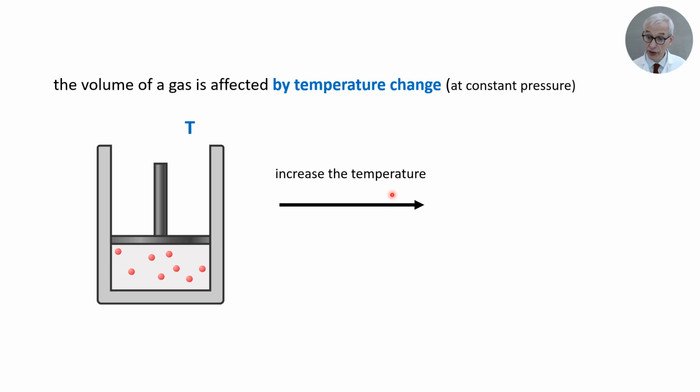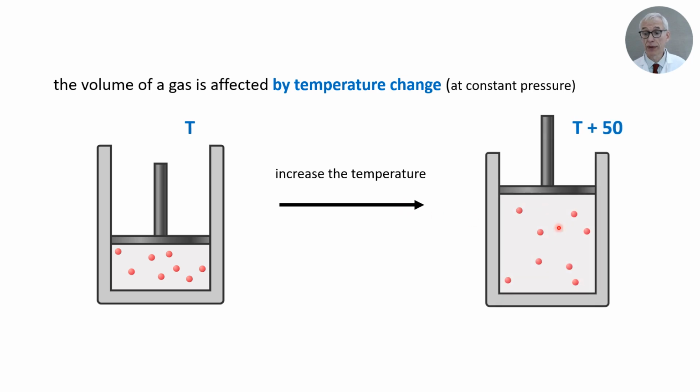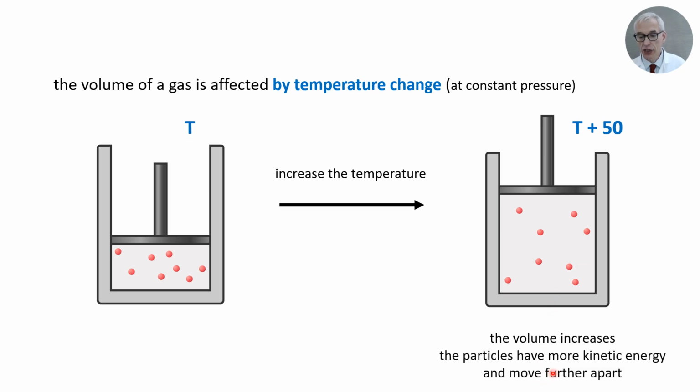Pause, draw a diagram to represent the change. Okay, so my diagram, at a higher temperature, shall we say 50, whatever, the volume increases. The particles have more kinetic energy and move further apart.